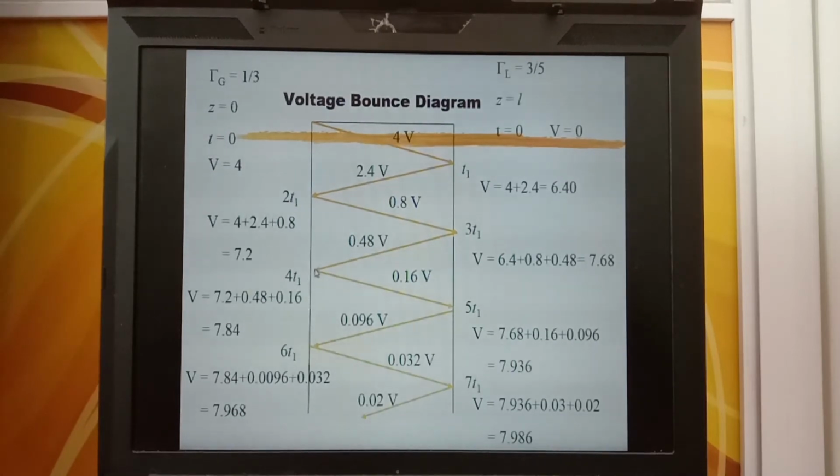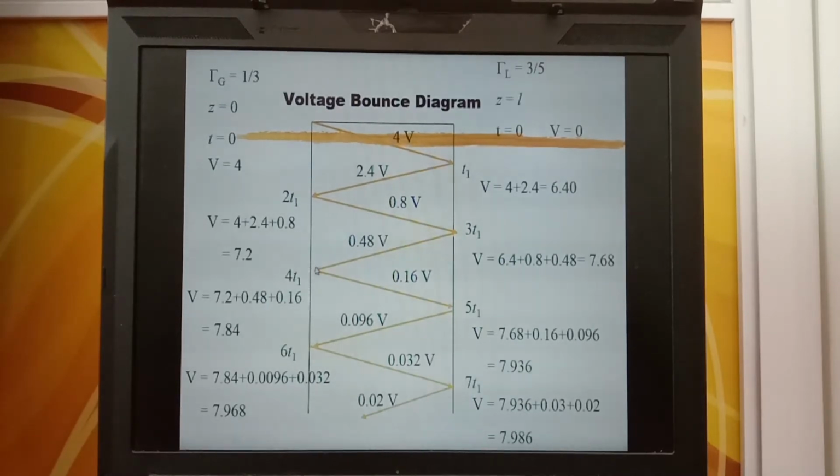Similarly, some wave is reflected. That reflected voltage is 0.48 volt multiplied with the reflection coefficient of 1/3. That gives us 0.16 volt.